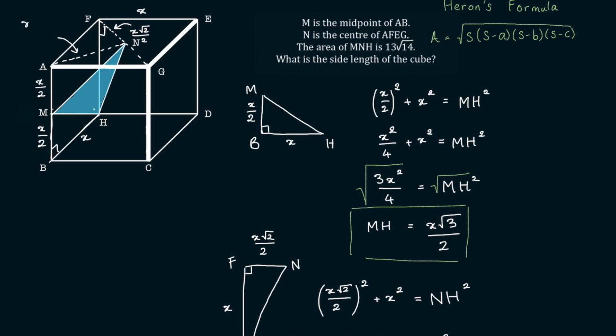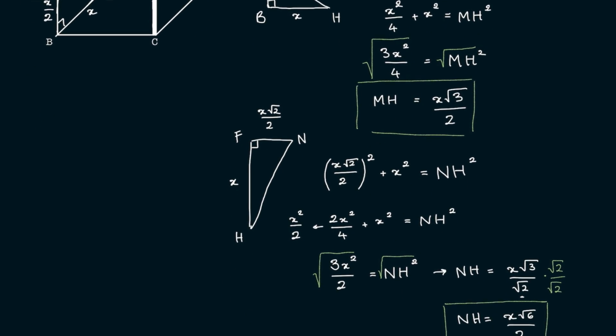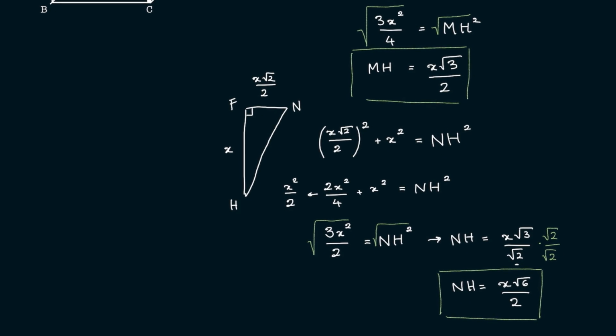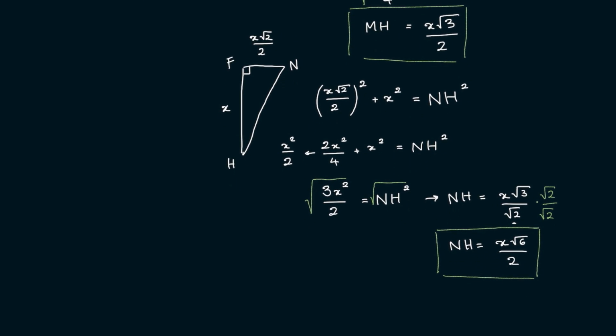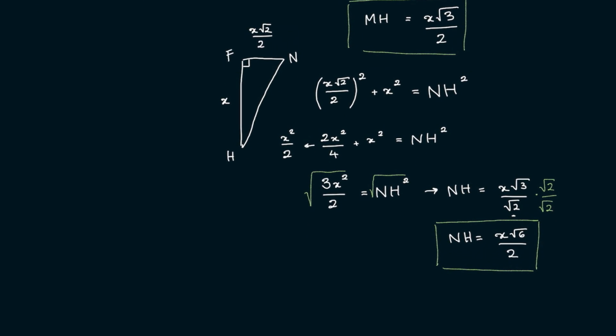And we said before that the measure of this was x radical 2 over 2. And over here, this angle MAN is a right angle. So I'll draw that here.